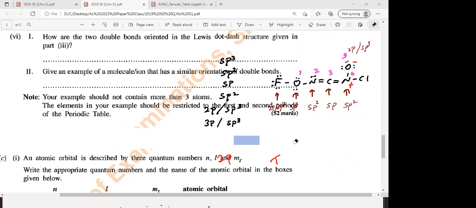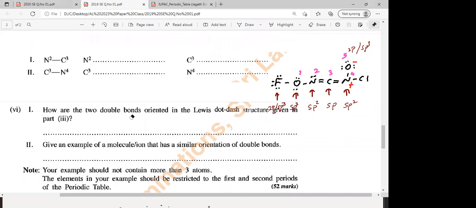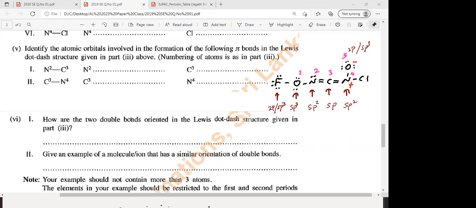So the question now: how are the double bonds oriented? You can see the structure, right? Part 6.1: How are the double bonds oriented in the Lewis dash structure given in part 3? So the Lewis structure, now I'll highlight it. This is the Lewis structure.